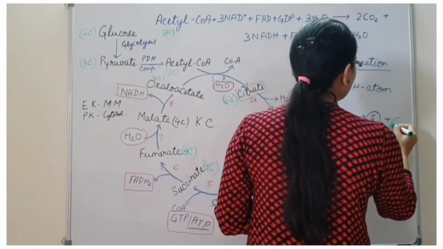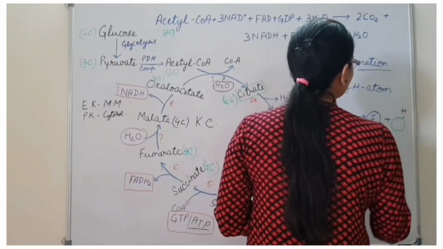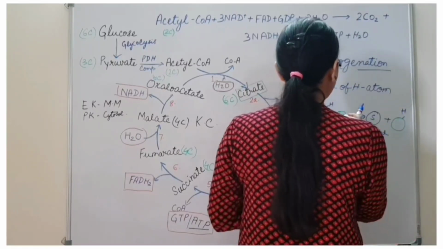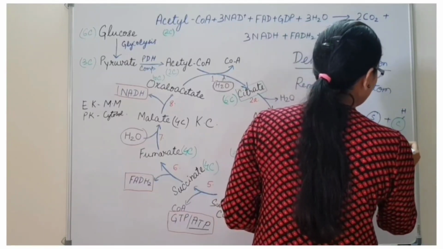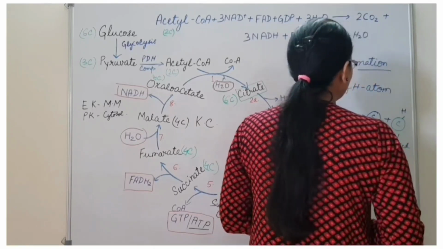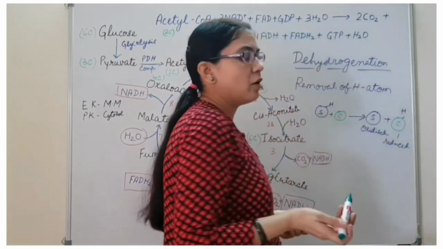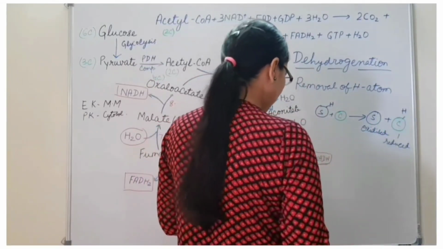And this is transferred to this certain compound, suppose C. So this is getting reduced. So actually here redox reaction is taking place. One is getting oxidized and the other is getting reduced.